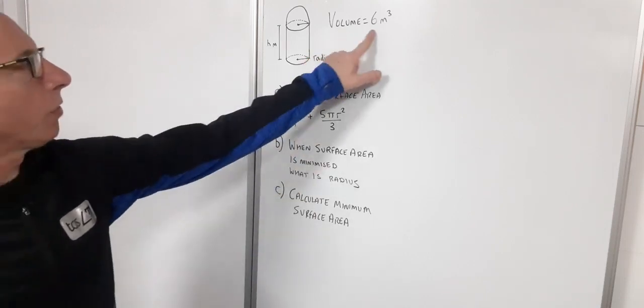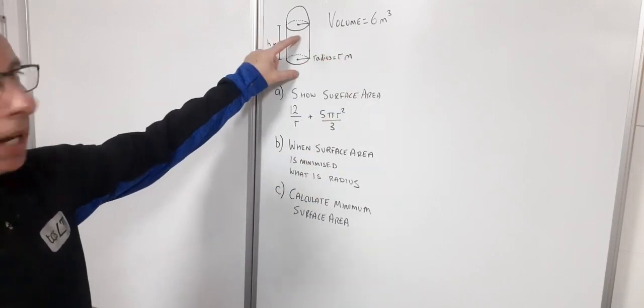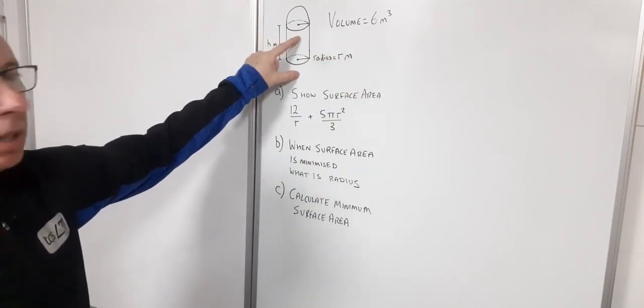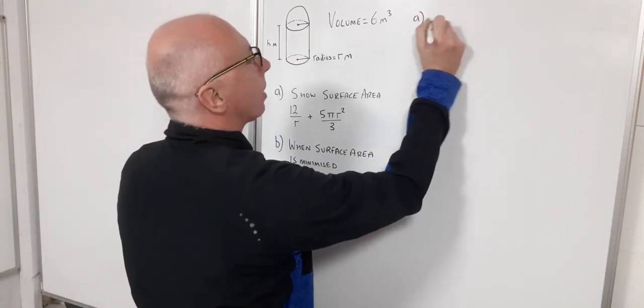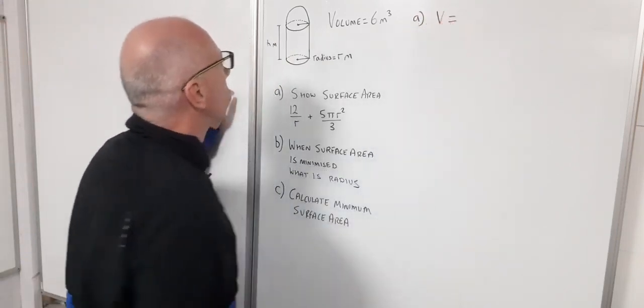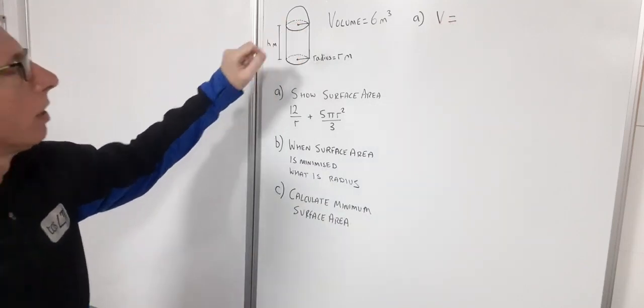Well, first of all, we're given the volume is 6 meters cubed. Now a shape like this, we can calculate the volume by using its formulas. So here, part A, we'll have the volume. Now we've got a spherical bit at the top, but it's only half of it.